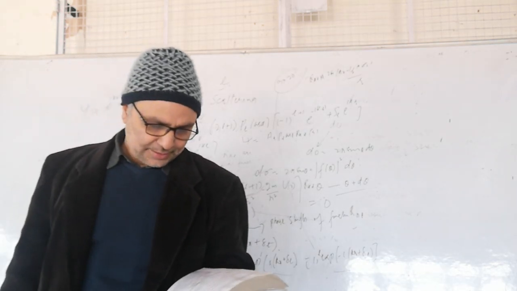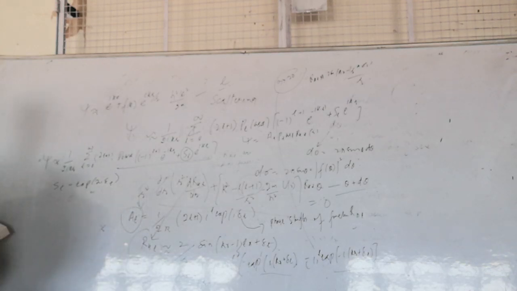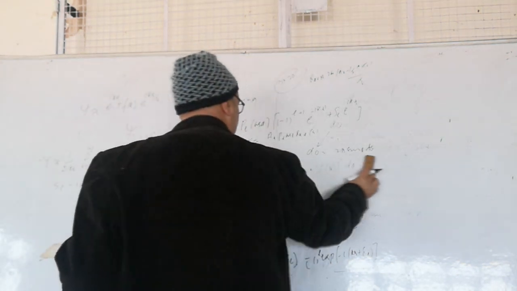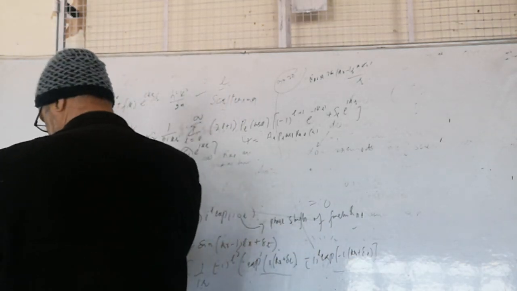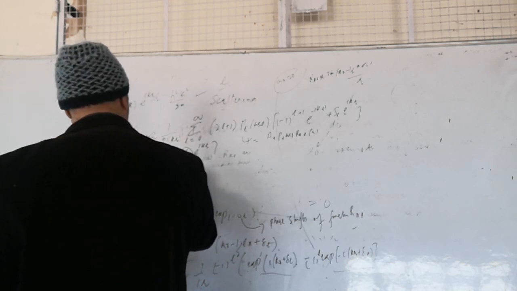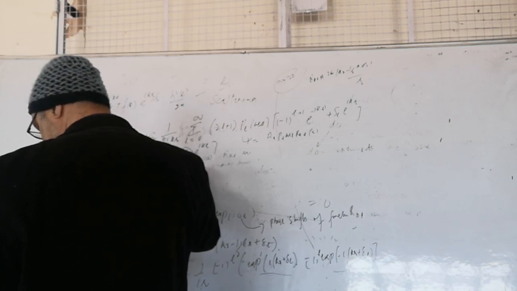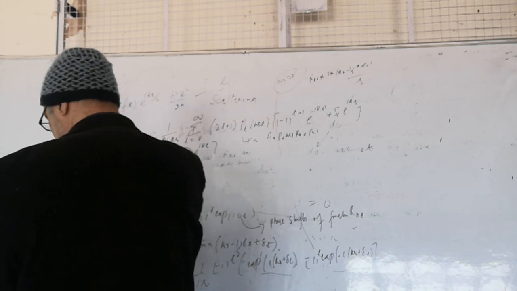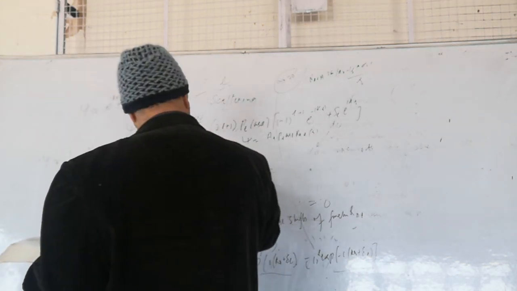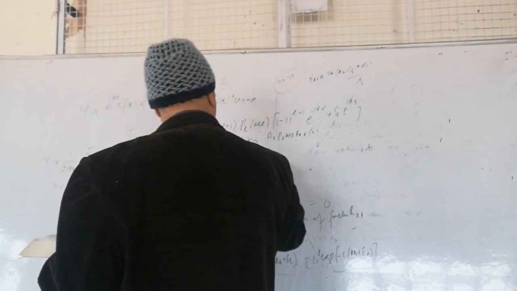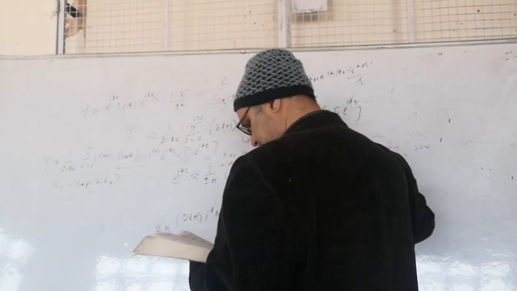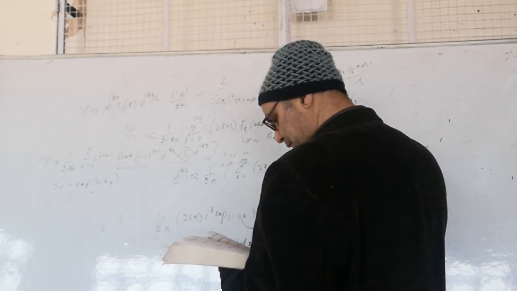For the same plane wave, the expansion comes out to be e to the i k dot r, the wave form, equal to the sum from 0 to infinity of (2L + 1) P_L cos theta, times minus 1 to the L plus 1, minus k dot r plus k dot r.